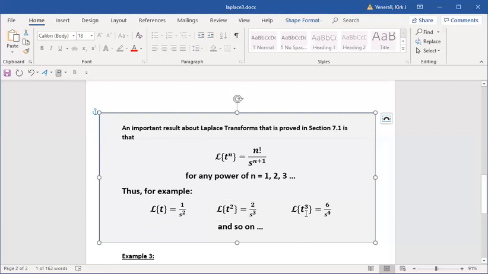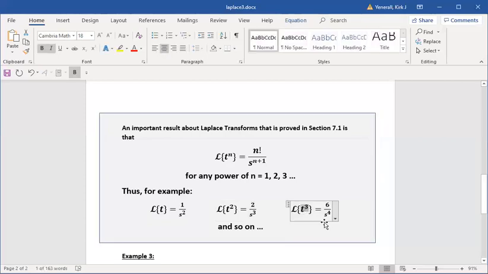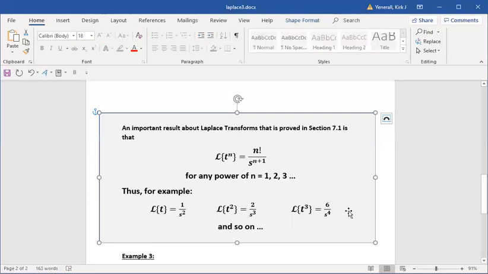If we want to know what's the Laplace transform of t to the third power, well, I'm going to have a fourth power of s down in the denominator and 3 factorial, which is 1 times 2 times 3, or 6 in the numerator. So the Laplace transform of t cubed is 6 over s to the fourth.